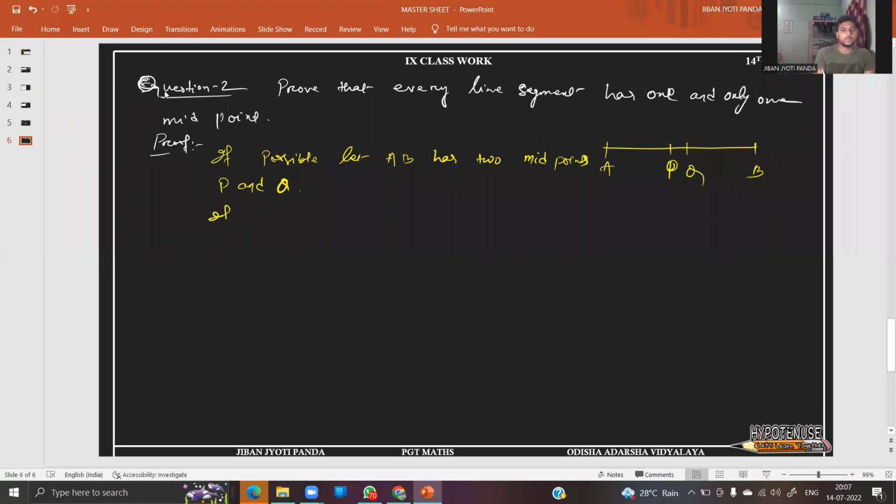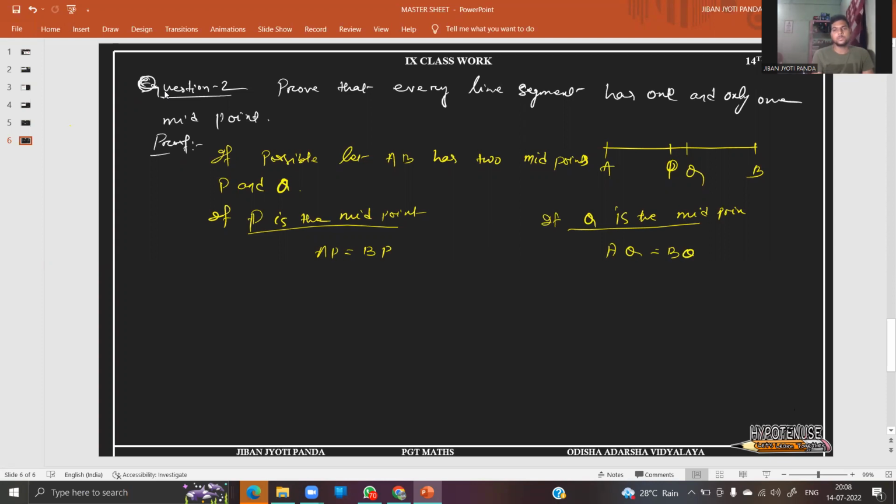तो if P is the midpoint, अगर P मिडपॉइंट होता है, then what we are going to have, AP is equal to BP. Similarly if Q is the midpoint, then what we are going to have? Now we are going to have AQ is equal to BQ. Let us go for proving this.